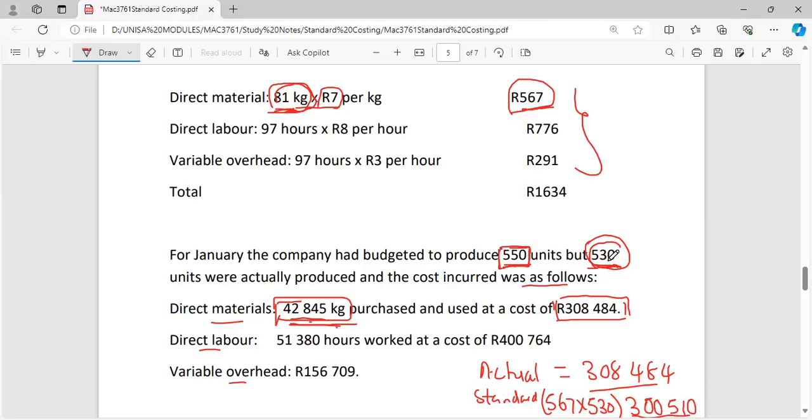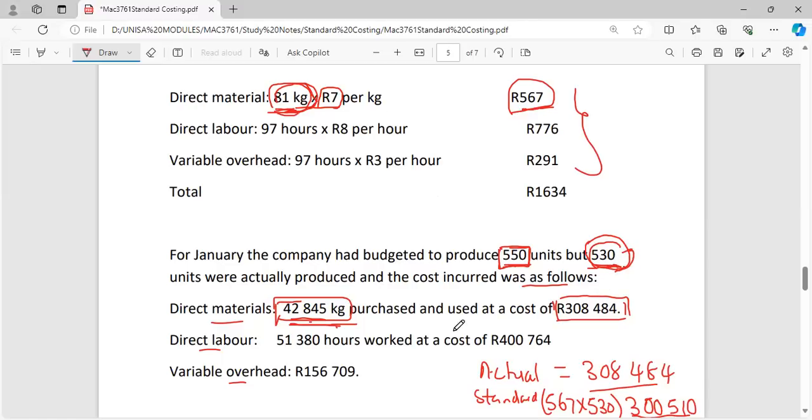I think even if they might have amended even the 2601, I'm not sure if they amended. But at third level, it doesn't work. You need to use the standard material that was supposed to be used against the actual quantity. So that's basically how you treat your cost variances in terms of quantity, which means you are going to look at the actual quantity versus the standard material that was supposed to go into those quantities.